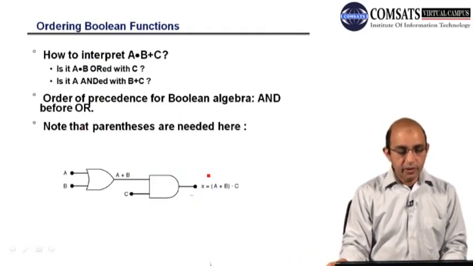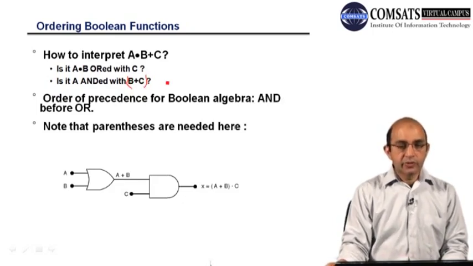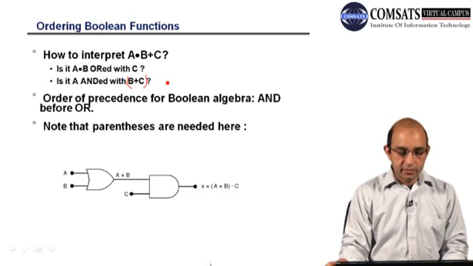So let's talk about the precedence or ordering. Is it A dot B, and then we have OR with C? A AND B, OR C, right? So how will you handle this?